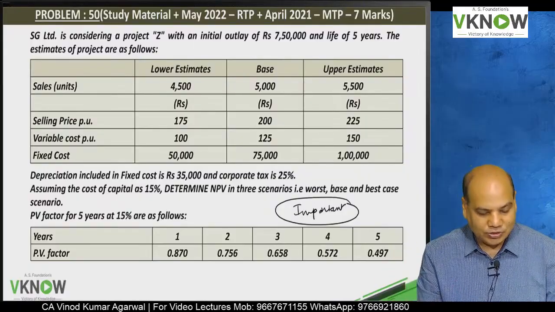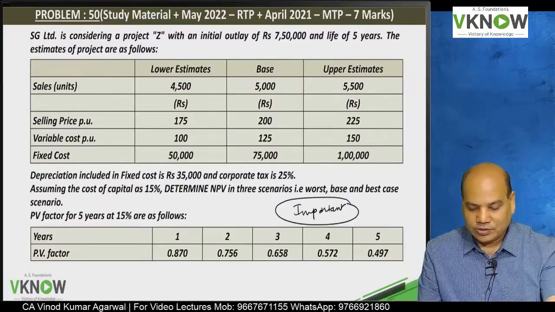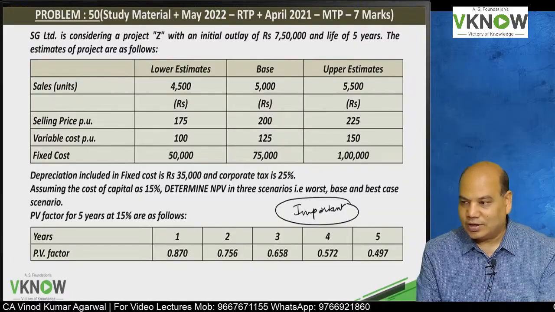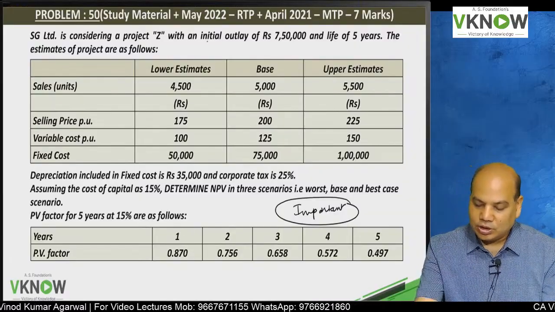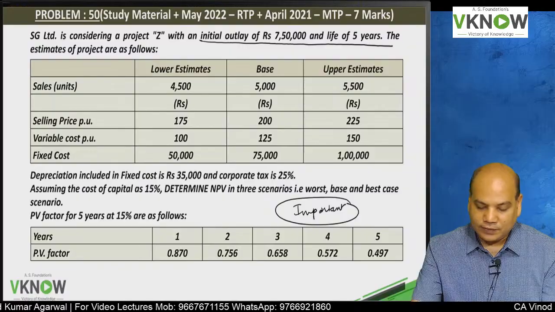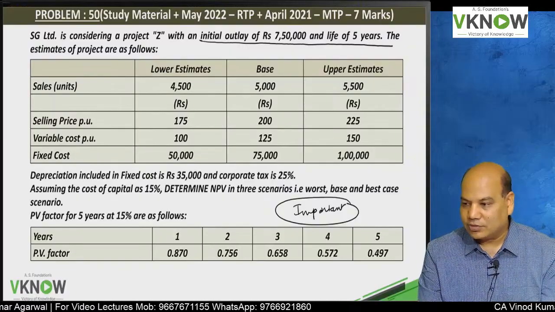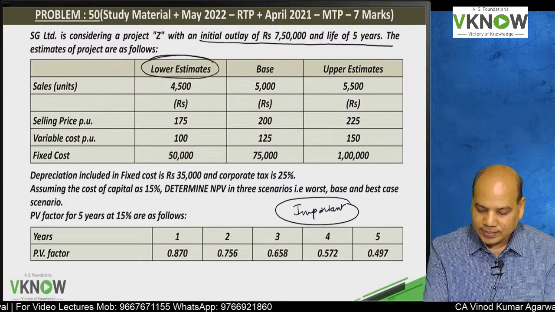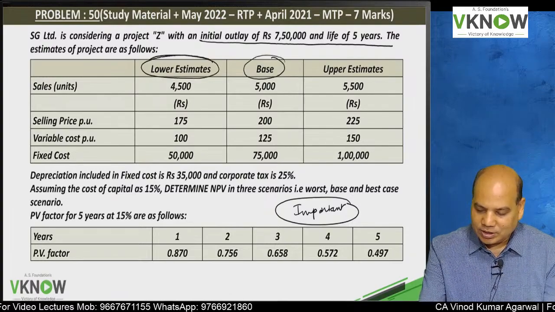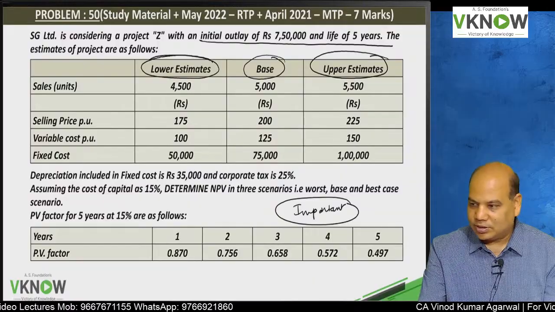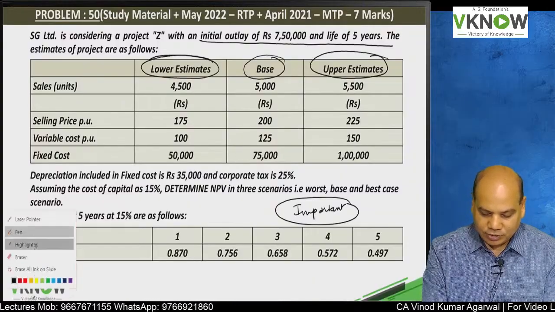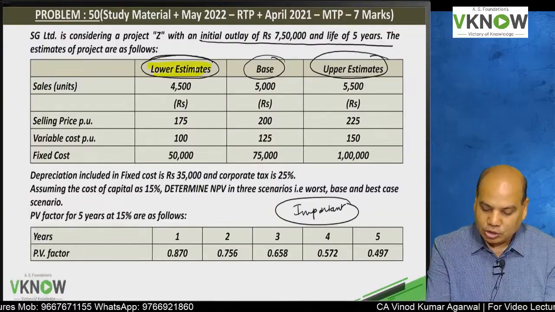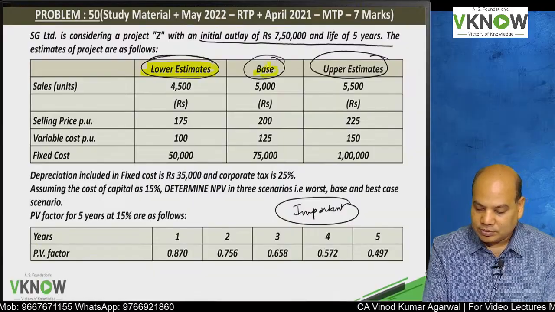Now we'll come to question number 50. SG Limited is considering a project Z with an initial outlay of 7,50,000, life 5 years. The estimates of the project are as follows: lower estimate, base estimate, upper estimate. See the drafting of the question. On the lower side, this is what can happen.